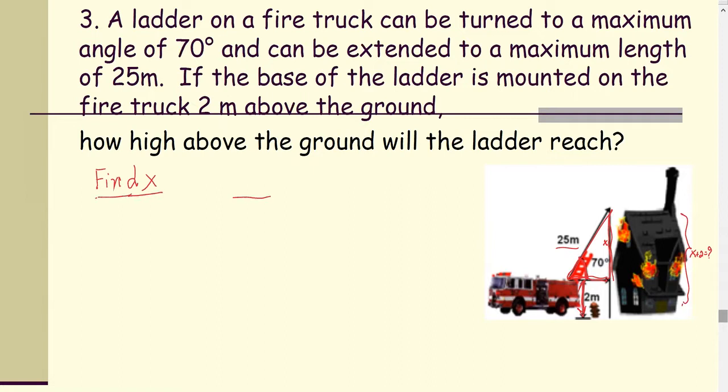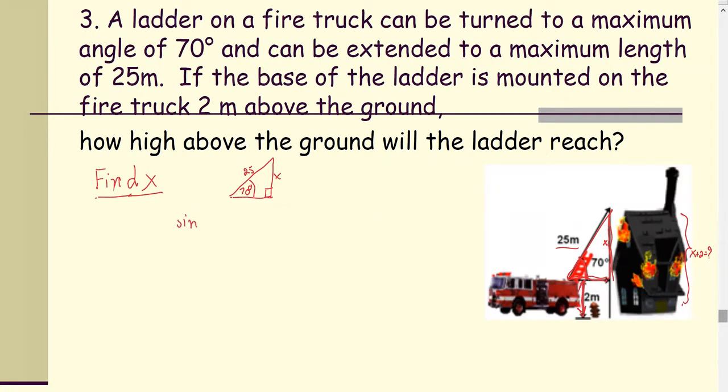Looking at the right triangle with the angle 70 degrees and 25 meters, which is the length of the ladder, the side opposite the right angle, or the hypotenuse, and looking for x. x is the opposite, 25 is the hypotenuse.